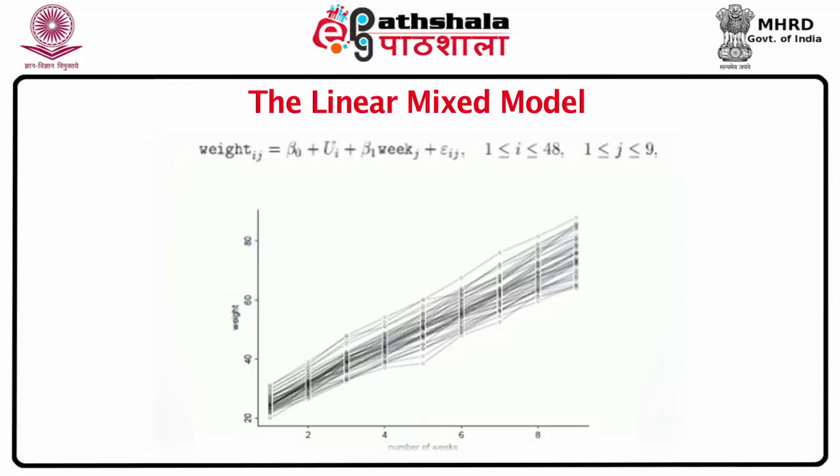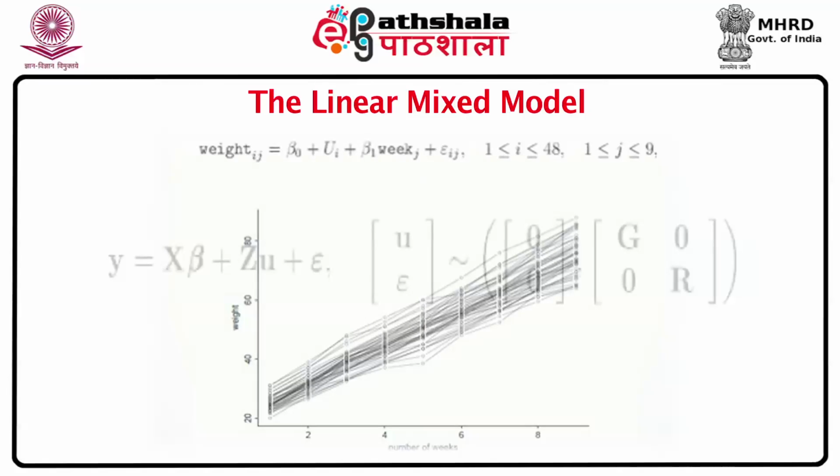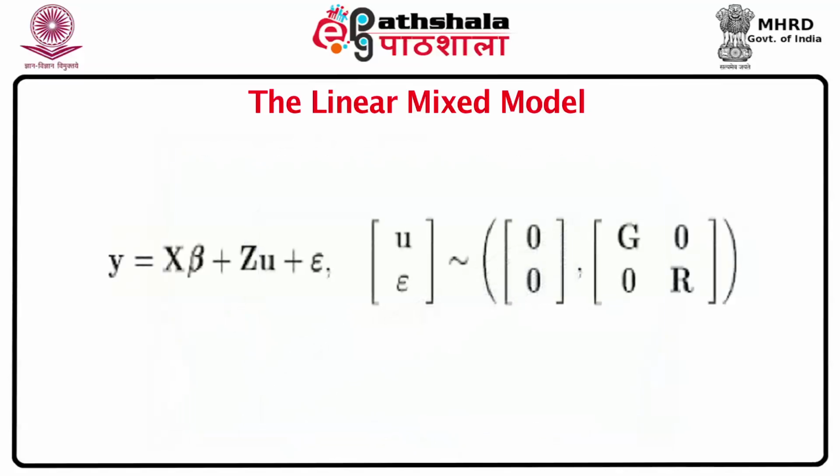We could have stopped here, but not making any further assumptions about beta naught i would lead to a very large number of parameters, in this case 48 parameters, and hence poor inference. To reduce the number of parameters, we further make the assumption that the u_i are normally distributed independently of the epsilon_ij. So here is the general form of the linear mixed model.